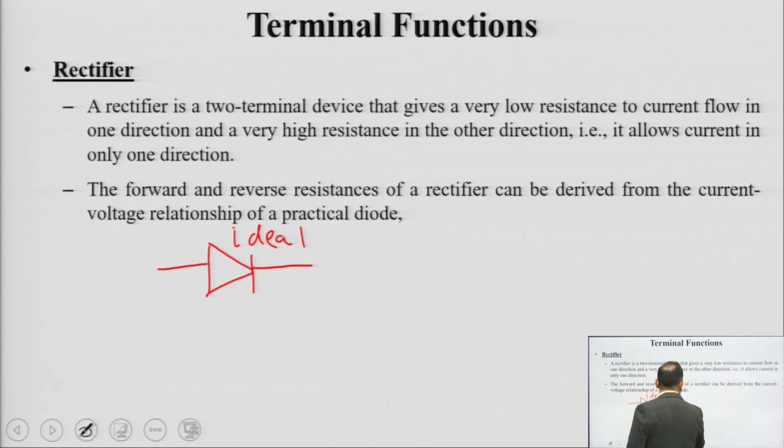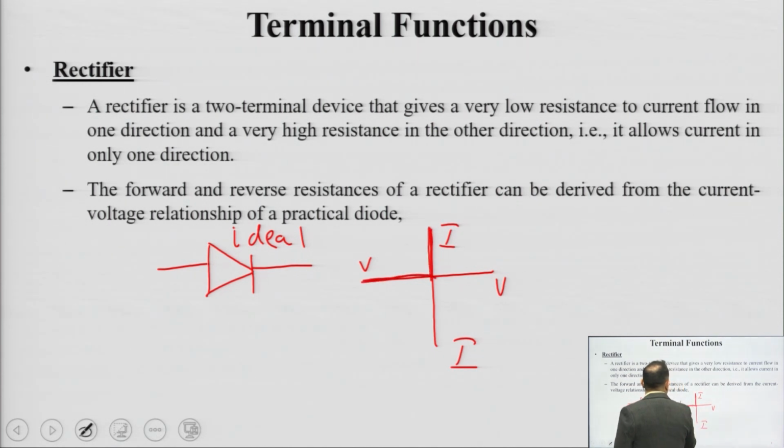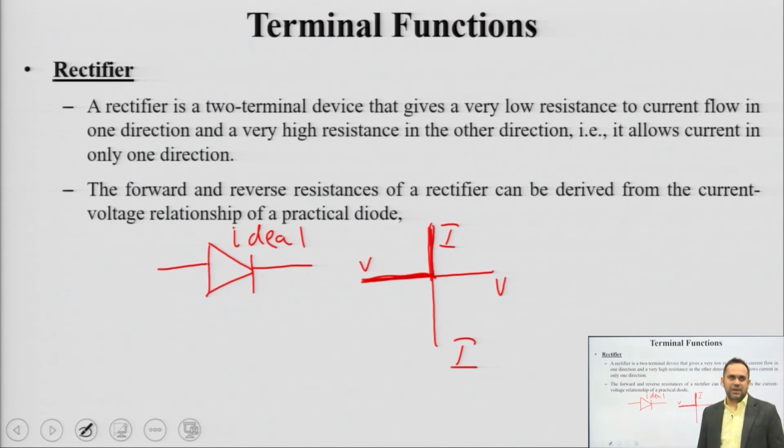The IV characteristics of an ideal switch will be very high current at forward and 0 current at reverse bias. This is how the characteristic of an ideal switch should look like, which basically means 0 resistance in forward bias and infinite resistance on the reverse bias.